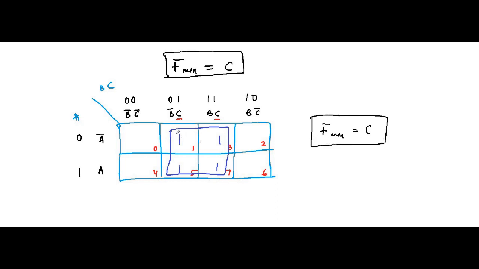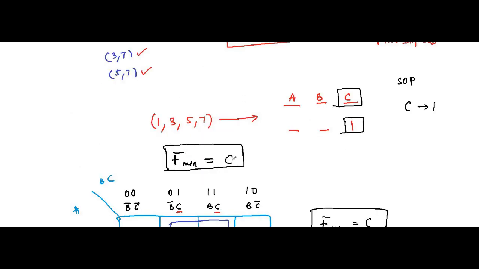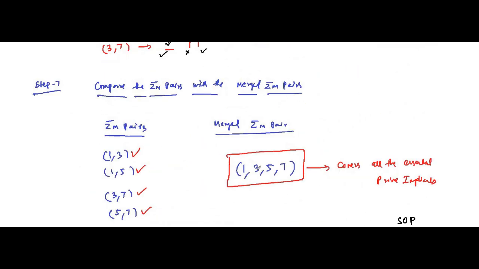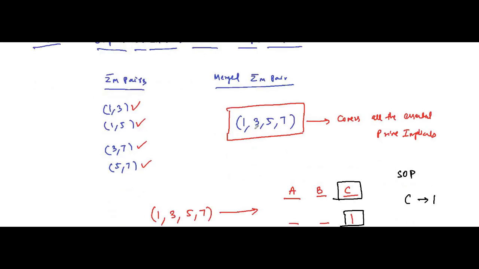Another interesting point, this quad which we have formed here, consisting of the min terms 1, 3, 5, 7, is similar to the merged minterm pair which we have got here. This merged minterm pair is the same way we got the quad in the K-map.